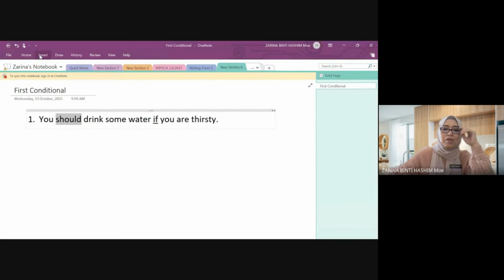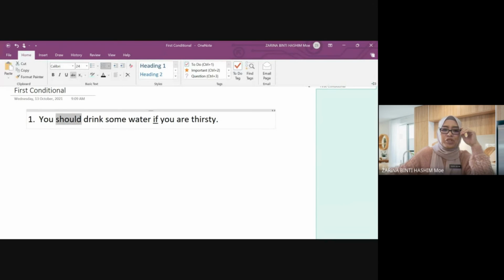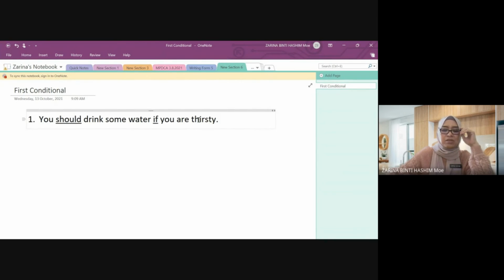When you see the word should, it shows that it is the first conditional, because in zero conditional there's no should, no may, no might or could, no such words. Only in first conditional you have all these: may, might, could, should, will.